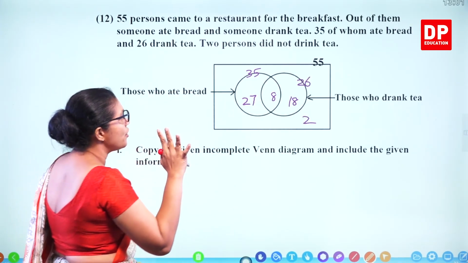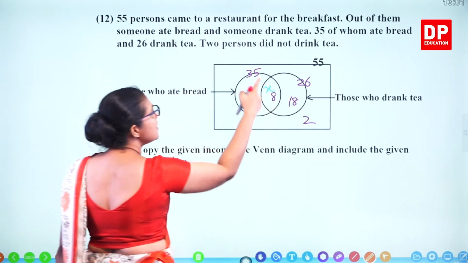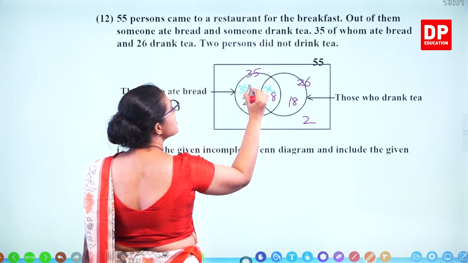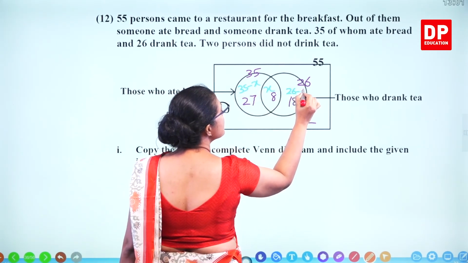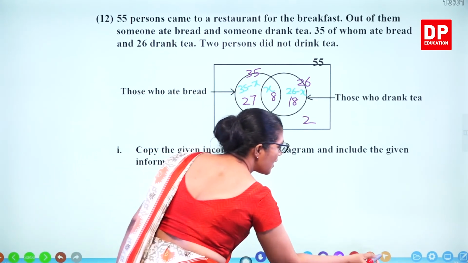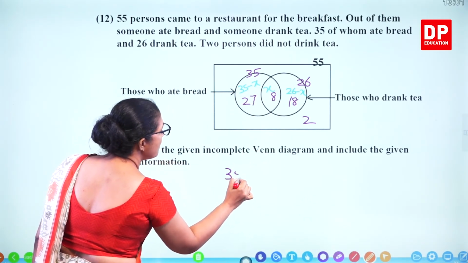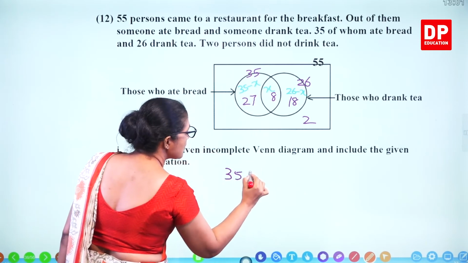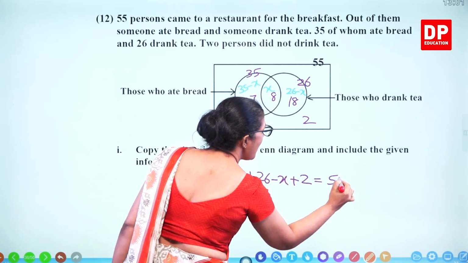Or if you are not doing that method, you can put x here. Then this becomes 35 minus x and this becomes 26 minus x. Solving the equation, 35 plus 26 minus x plus 2 is 55.